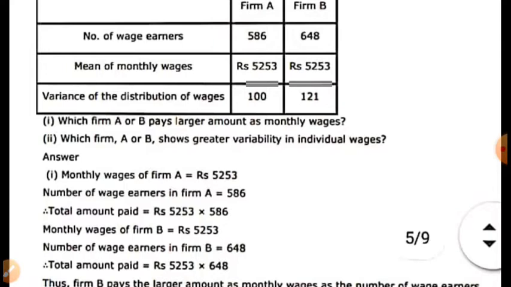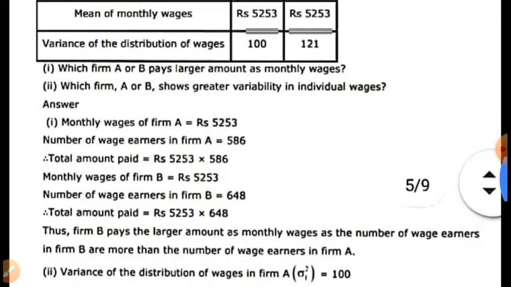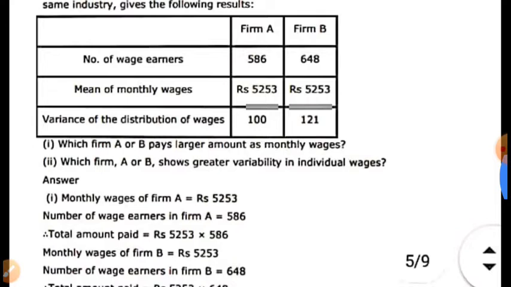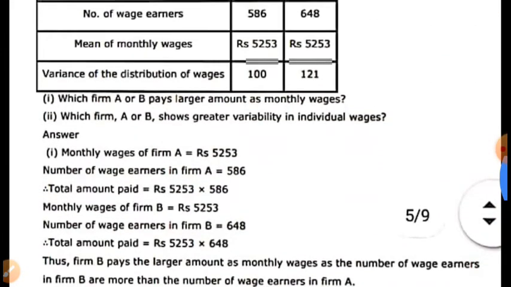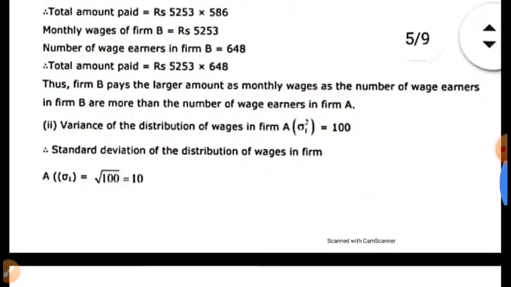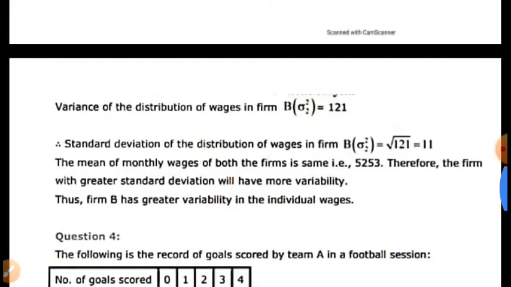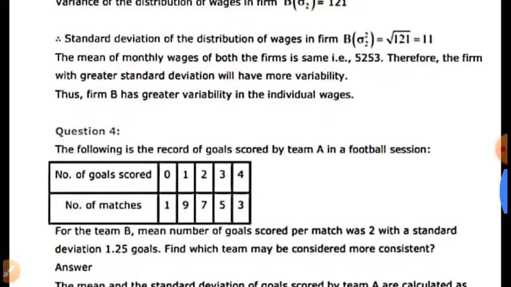Next, in the same way for firm B, when you multiply, you will obviously get more. So the firm with more wage earners is going to pay more, so B is going to pay more. As the mean is the same and B has the larger variance, you can say directly that B is more variable.